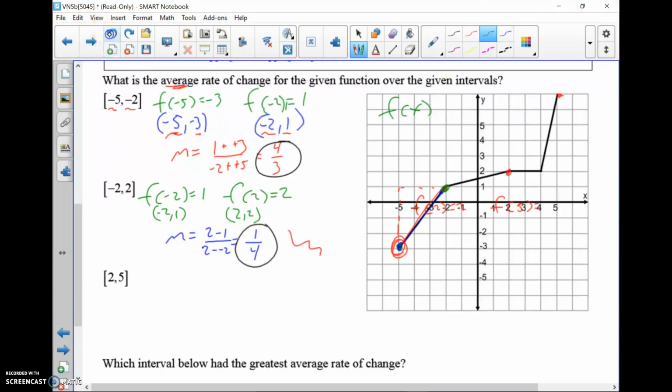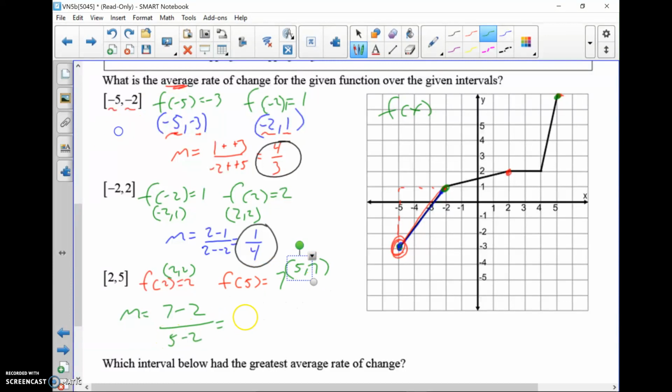Let's see, hold on, see if I can get those back over there. There we go. f of 5 is 7. Right, this is the point 5, 7. And so our slope formula here is 7 minus 2. Right, because this would be the point 2, 2. And this would be the point 5, 7. So 7 minus 2 is my y values, and 5 minus 2 is my x values. That's going to be 5 over 3. So the average rate of change from one spot to the other is 5 over 3.